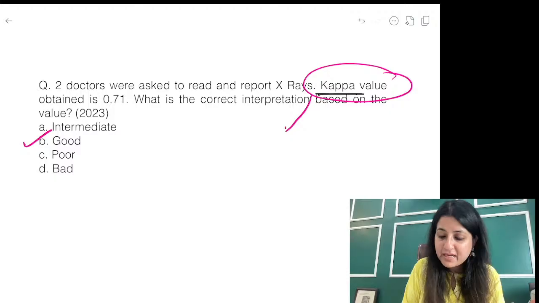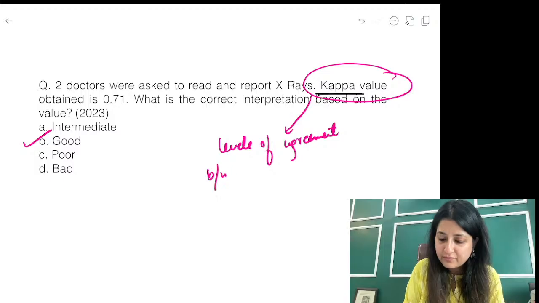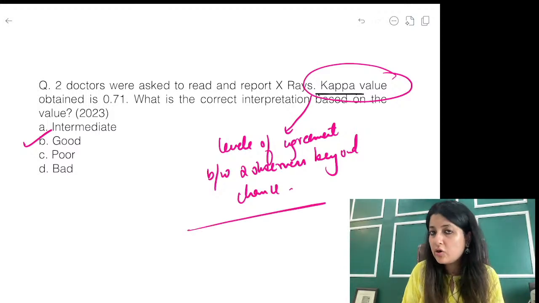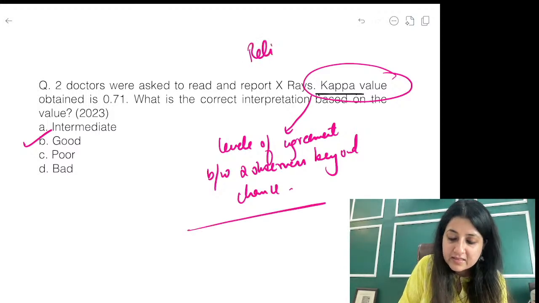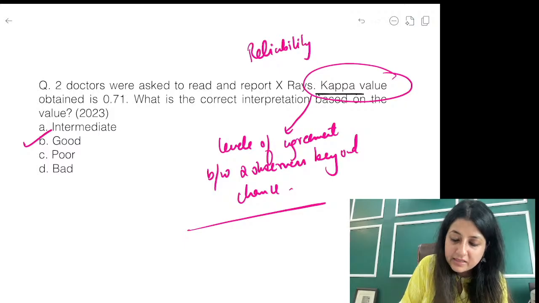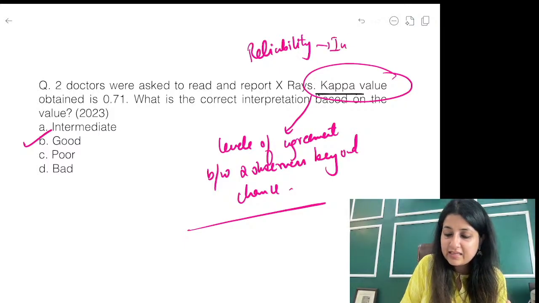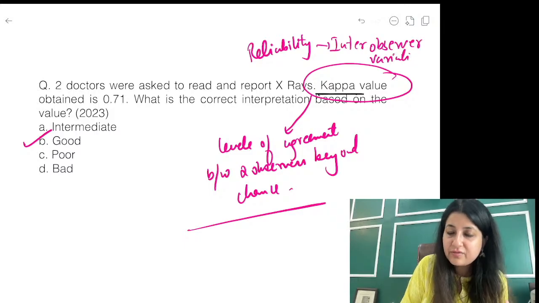It's good. Kappa statistic checks the level of agreement between two observers beyond chance. It is commenting on the reliability of findings, like inter observer variations. We can have inter observer variations.